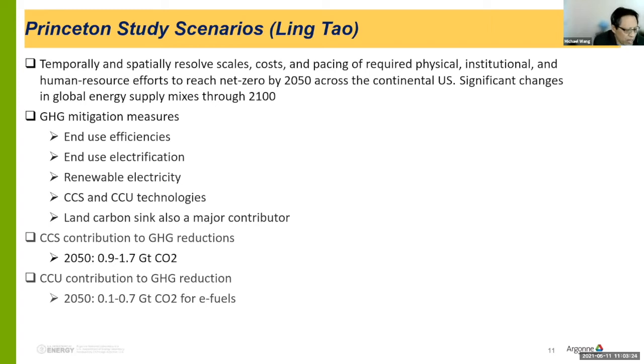The CCS contribution to GHG reductions in 2050 is about 0.9 to 1.7 gigatons in the US. And CCU contribution is about 0.1 to 0.7 gigatons of CO2 for e-fuel production in 2050.